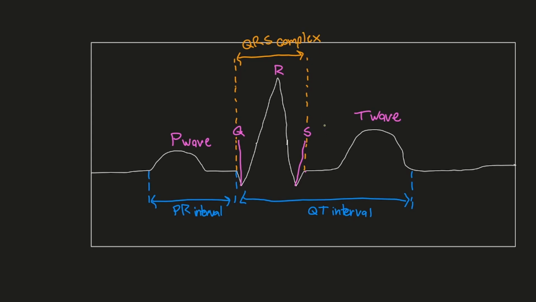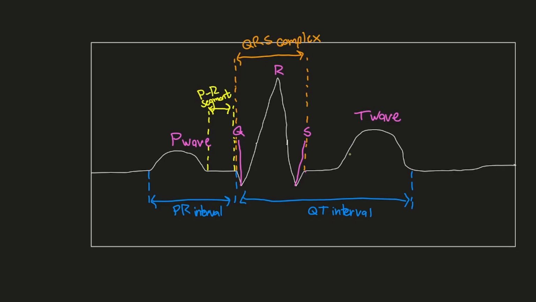The first segment we'll look at is our PR segment, which should not be confused with the PR interval. Our PR segment starts at the end of our P wave and ends at the start of our QRS complex. So this is our PR segment.